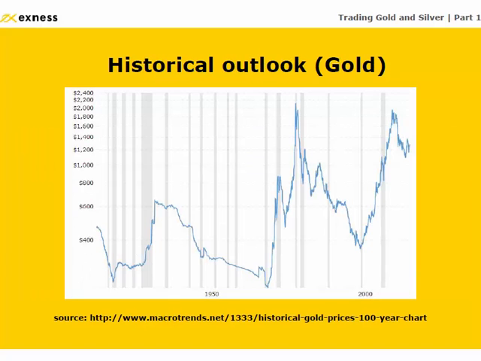Now let's take a quick look at the historical retrospective for gold. Is this market trending or balancing in the long run? How does it look from a big picture perspective? We have here a historical chart starting from the 1930s or 40s, I believe. You see that, of course, gold has some cycles like any other currency pair.